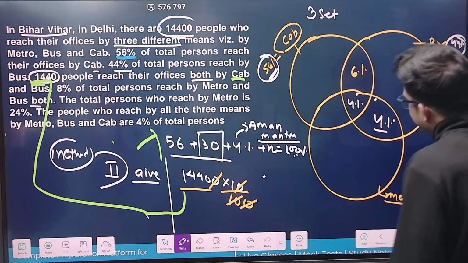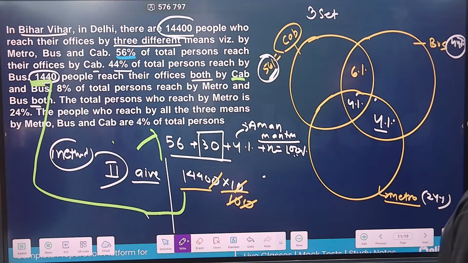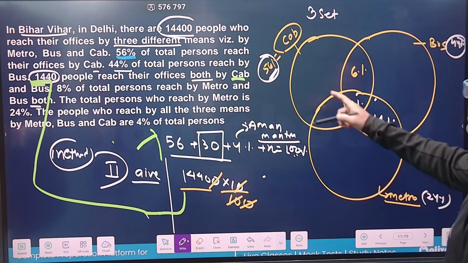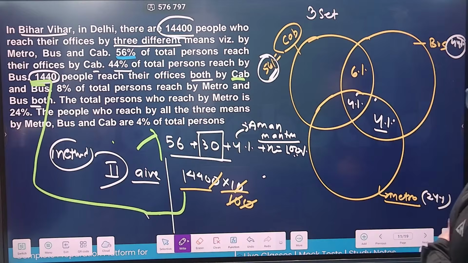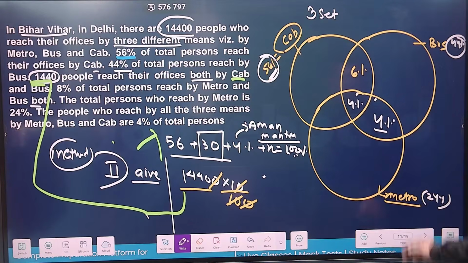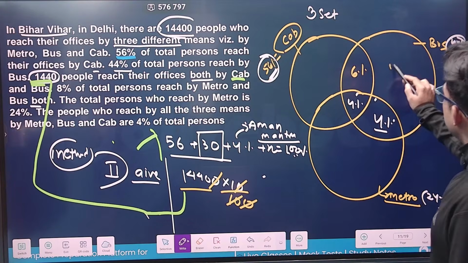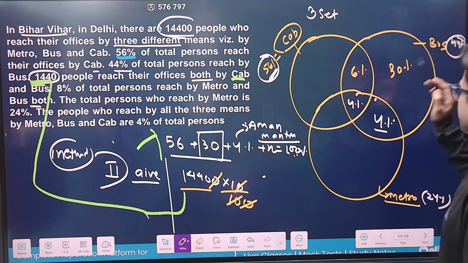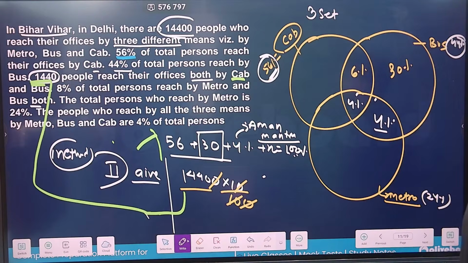Yes, correct. And you need to make it 56. This is 4%, correct. This is 44%. Now this would be 30% automatically. Correct. Fine. Making sense?